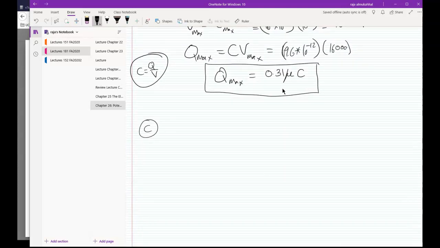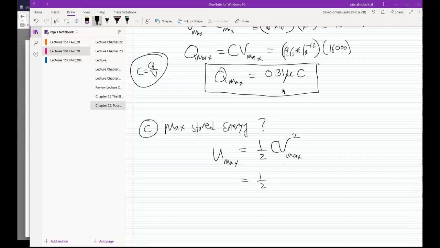And then part C, he says, what is the maximum stored energy? Well, we know what the stored energy is equal to. U max is 1/2 C Vmax squared. I already calculated C and Vmax, so all I need is to plug it in.